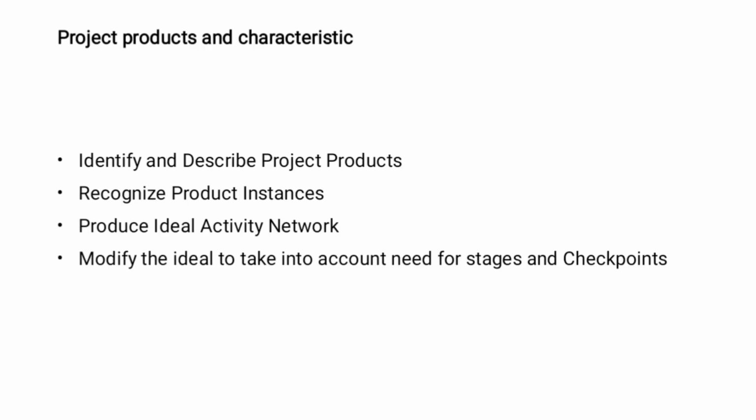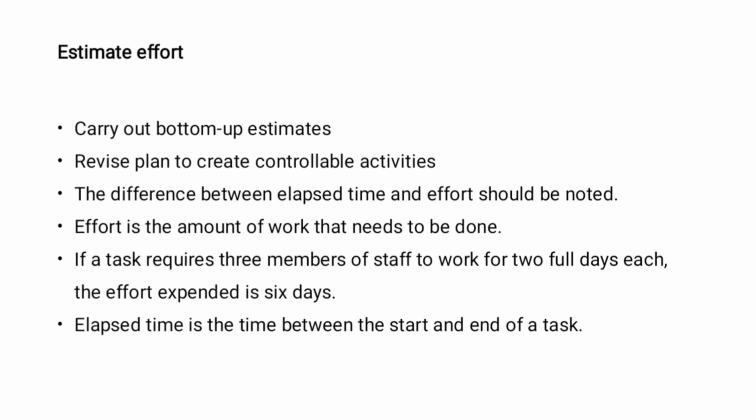The next one is project products and characteristics. It identifies and describes project products, then recognizes the product instances, then produces an ideal activity network, then modifies the ideal to take into account the need for stages and checkpoints.